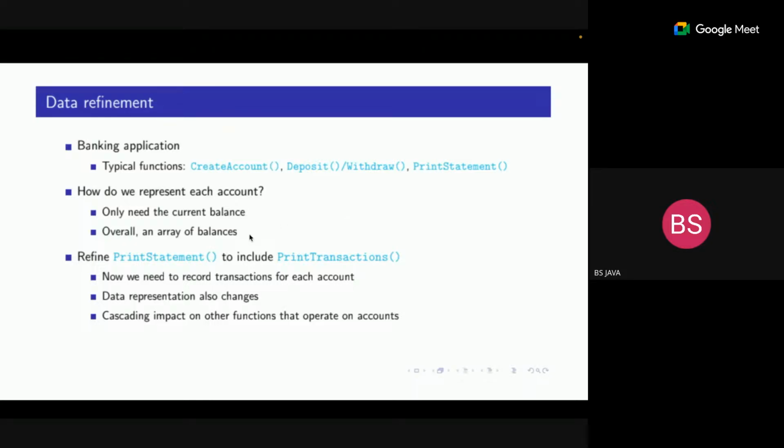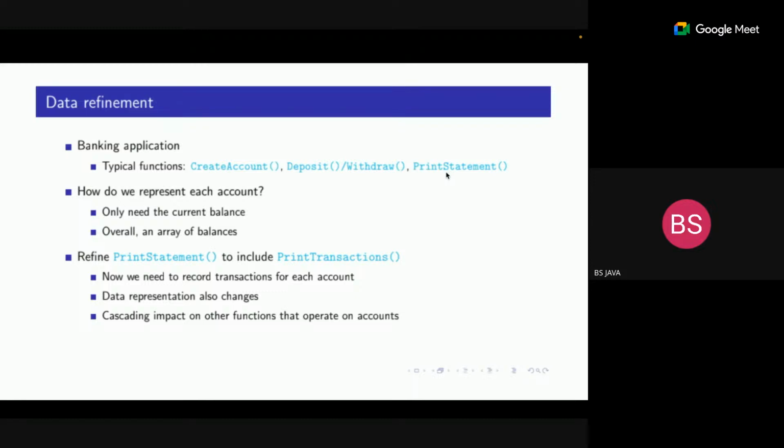Now if we want something more from the print statement, which means it includes printing transactions, where we want to get all the transactions that have happened, or we can see the history of the transactions, just like we see in Google Pay. Now, just increasing the amount in deposit or decreasing the amount in withdraw and just getting the current balance is not enough.